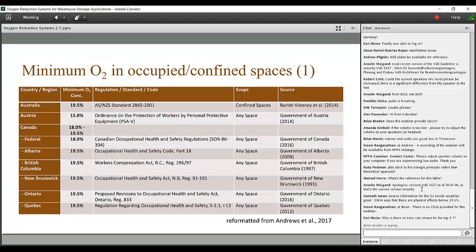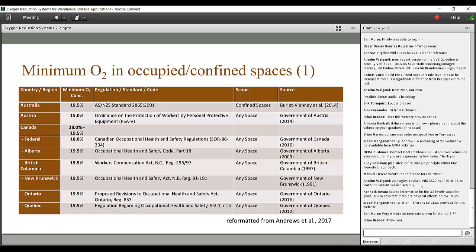The other aspect that we looked at is that in addition to fire safety legislation and regulation, there is also occupant health and safety legislation. And in many countries, there are requirements set for minimum levels for occupied or confined spaces that might limit, say, the minimum oxygen concentration from 19.5% down to perhaps 15%.